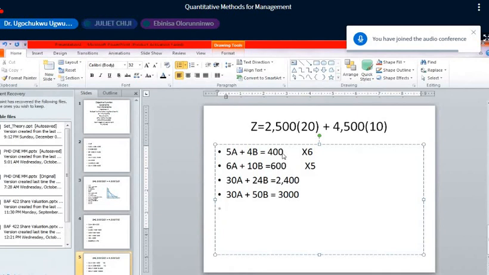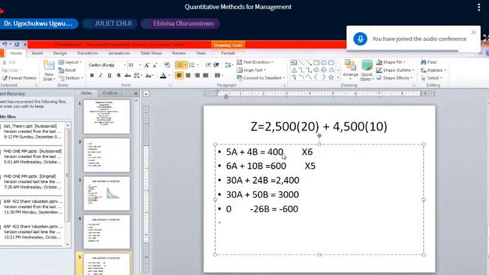So we have 0 plus minus 26B is equal to minus 600.